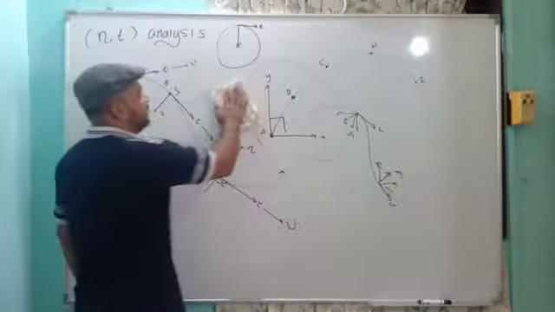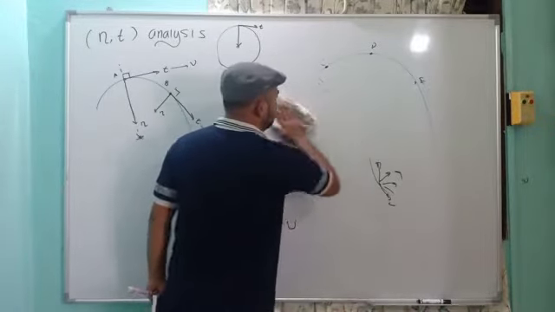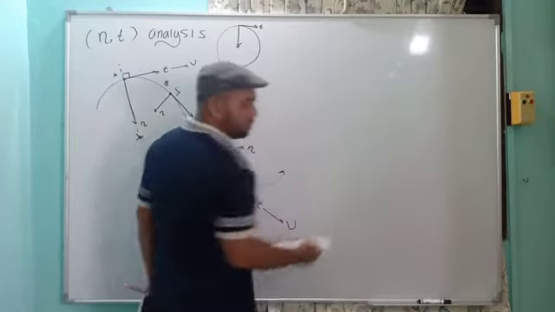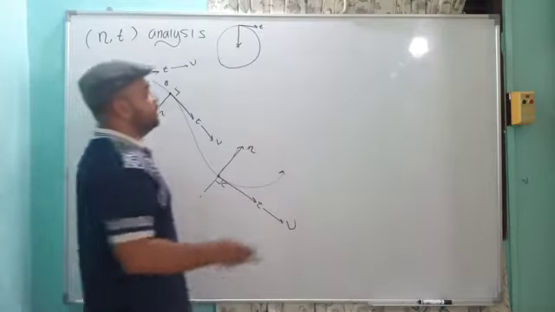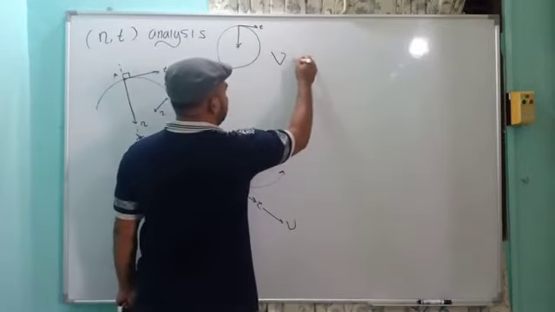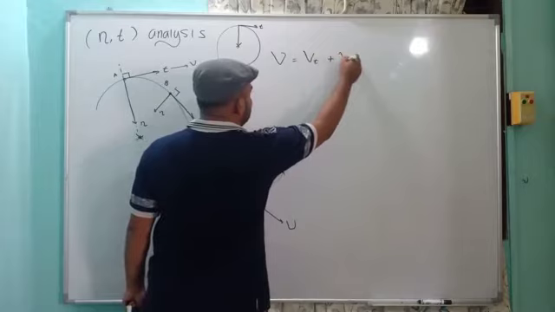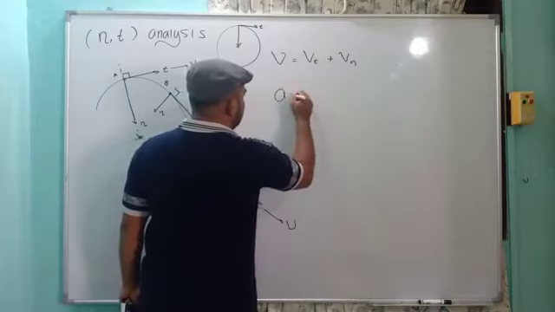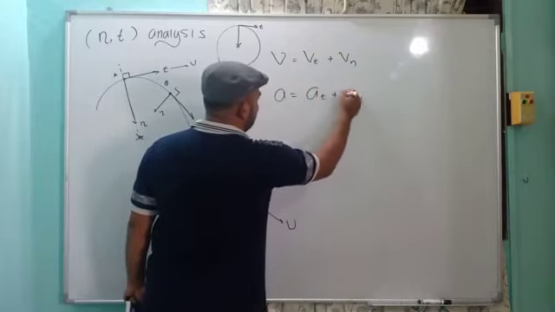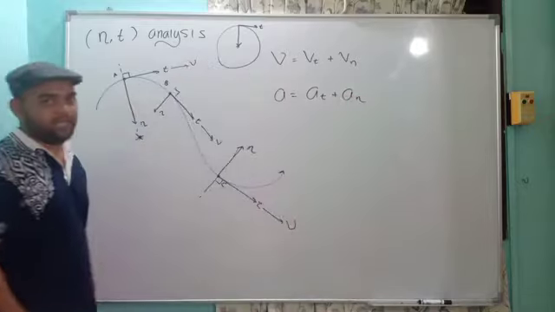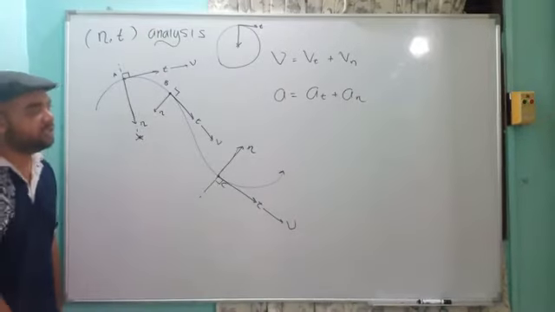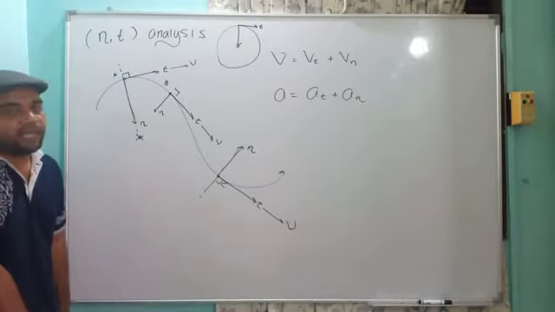Because of that, the velocity and acceleration will be resolved into the n and t axes. So v will be vt plus vn, and a equals at plus an. We will resolve everything into normal and tangent.